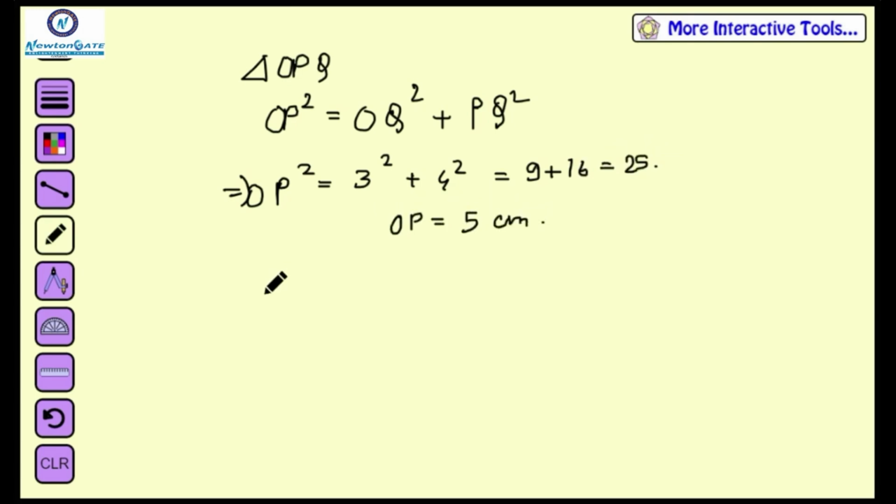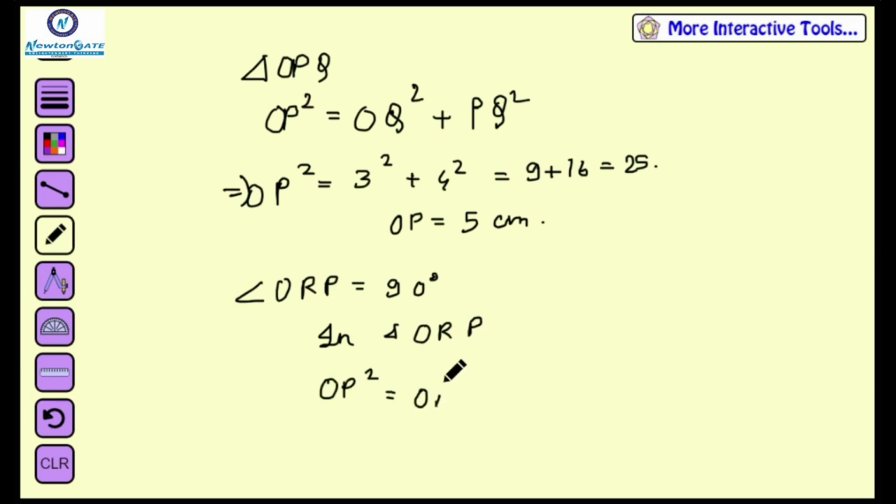Since PR is the tangent to the inner circle and OR is its radius, angle ORP equals 90 degrees. In triangle ORP, OP square equals OR square plus PR square, by the Pythagoras theorem, since triangle ORP is a right angle triangle.